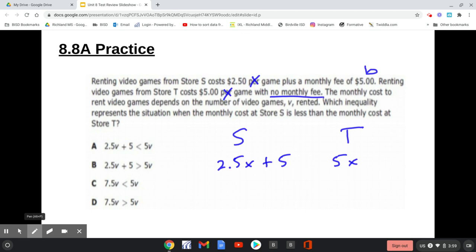The monthly cost to rent video games depends on the number rented. Which inequality represents a situation when the monthly cost at store S is less than store T? There's our sign. So 2.5x plus 5 is less than 5x. Very good, looks great. Our answer is A. Moving on.